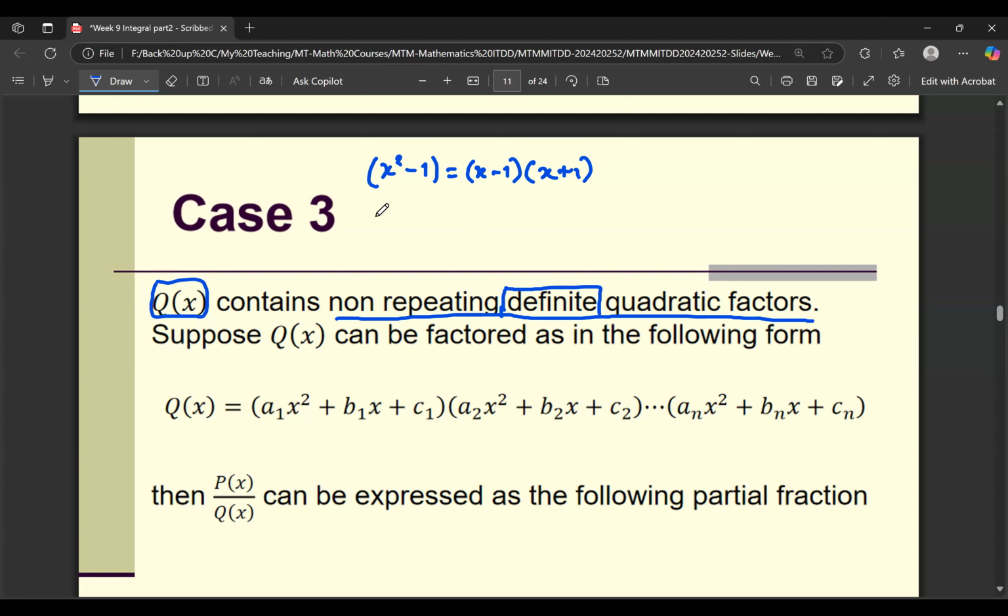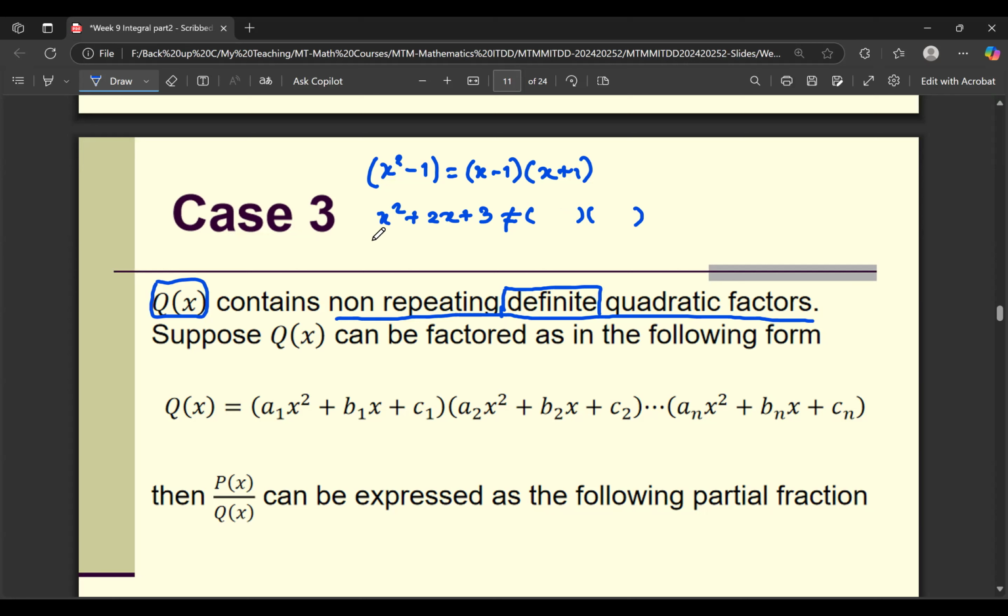And what happens for x squared plus, maybe, 2x plus 3? In this case, we cannot factor it into linear factors.